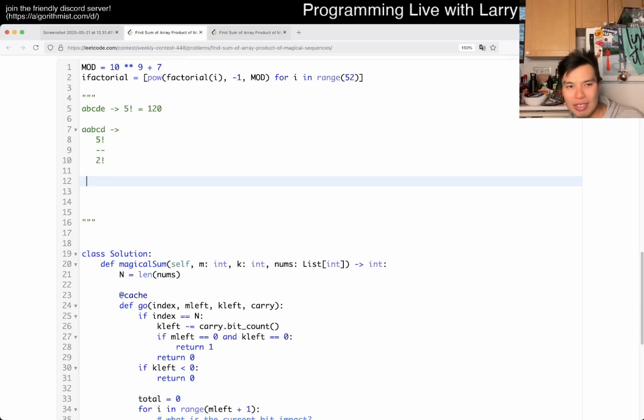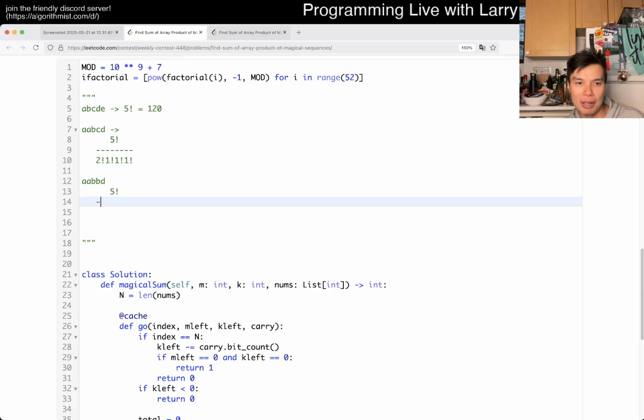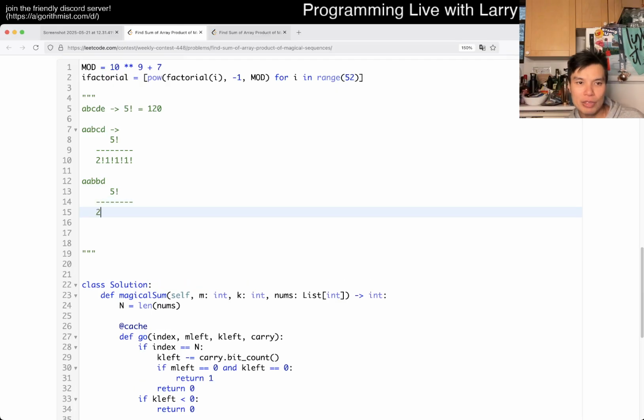Technically this is actually 2 factorial, 1 factorial, 1 factorial, 1 factorial for A, B, C, and D, to be specific to this case. Then if you have like A, A, B, B, D, it's going to be equal to 5 factorial over 2 factorial, 2 factorial, 1 factorial. And that's basically the core part about the inverse factorial.